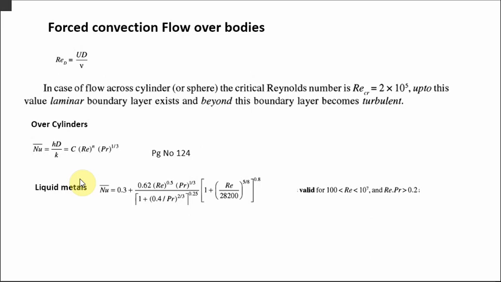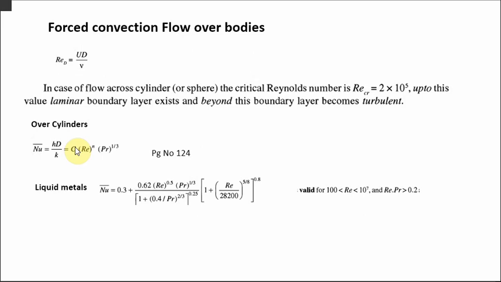In case of forced convection over cylinders, the critical Reynolds number is 2 into 10 raised to 5, and Reynolds number can be calculated using ud by nu, where d is the diameter of the tube. In order to calculate the value of h, we usually use the Nusselt number, which can be calculated from an empirical correlation given in the data book, page number 124.